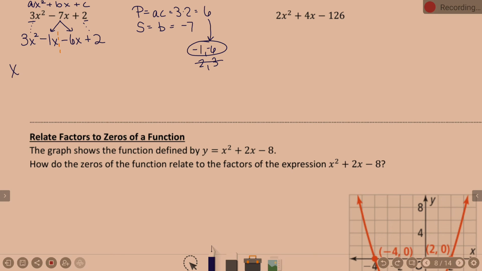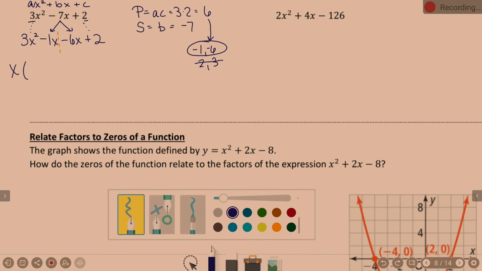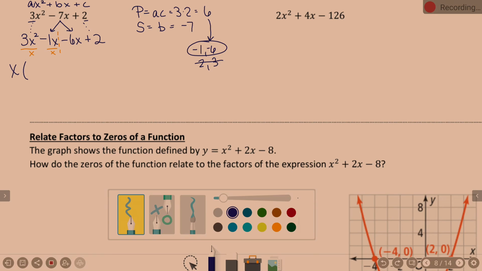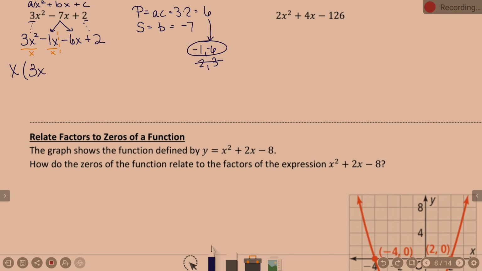And that means I'm taking those first 2 terms and dividing by x. 3x squared divided by x is 3x, the 3 stays, one of the x's cancels. Minus 1x divided by x is minus 1, because an x on top will cancel the x on bottom. Second half.